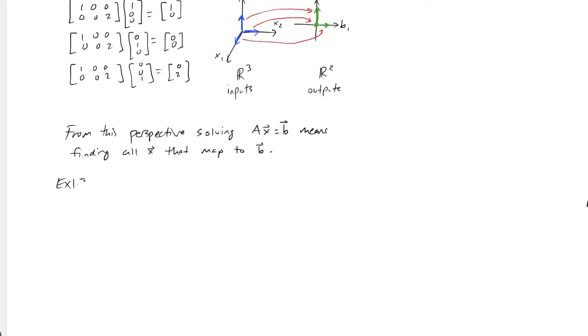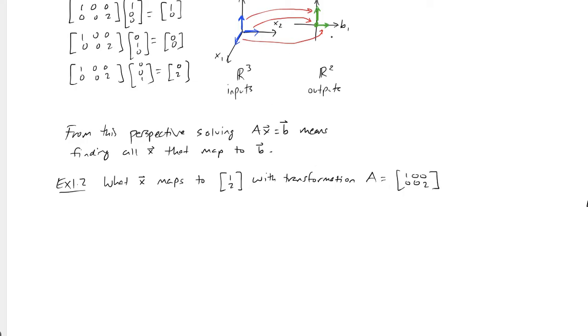Call this example 1.2. So what x maps to the vector (1, 2) with the transformation from above, which is A equals [1, 0, 0; 0, 0, 2]?